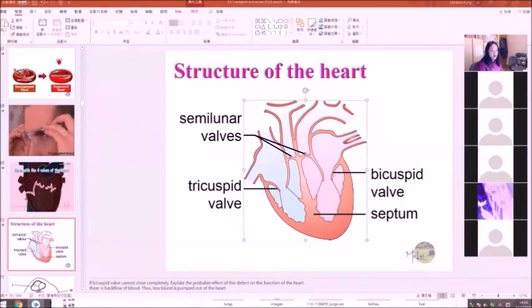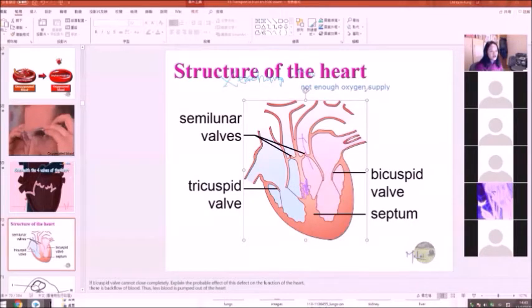If the valve cannot close, there will be less blood come out. If there is a hole here, there is mixing of oxygenated and deoxygenated blood, so there would be exchange of oxygenated and deoxygenated blood.